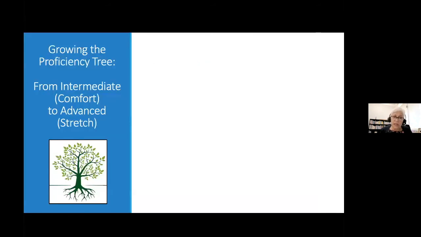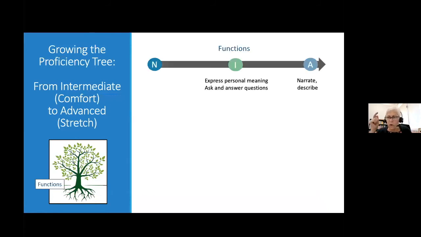So now let's take a quick look at growing the proficiency tree from the intermediate level, the level of comfort, to advanced, the stretch. Now, you might wonder why advanced, because you saw when Bill shared the proficiency ranges for our revised standards, advanced wasn't among them, but intermediate high is a good deal of the time at the advanced level.